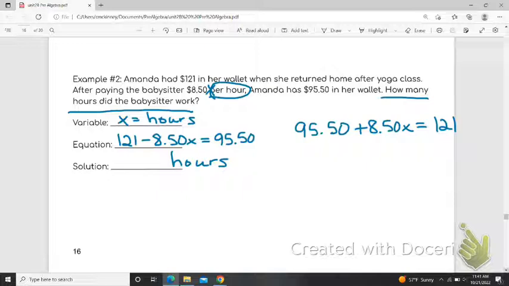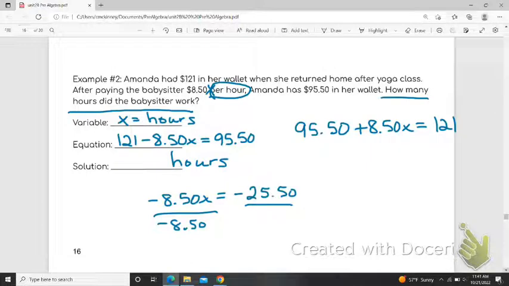So when I get my answer, I'm going to have a certain number of hours. If I solve the equation, I do 95.50 subtract 121 to get that x by itself. I get negative 25.50, and then divide both sides by negative 8.50, and x is 3.